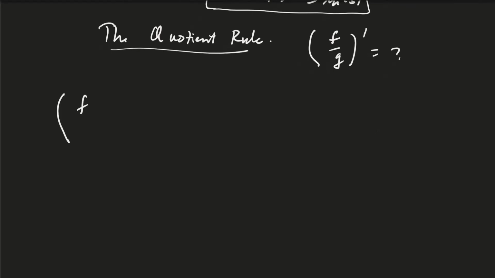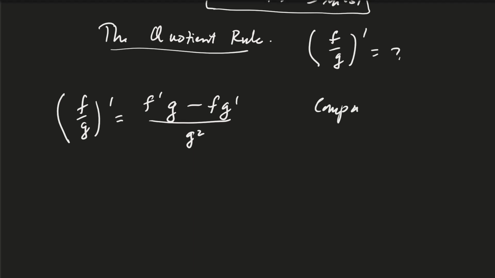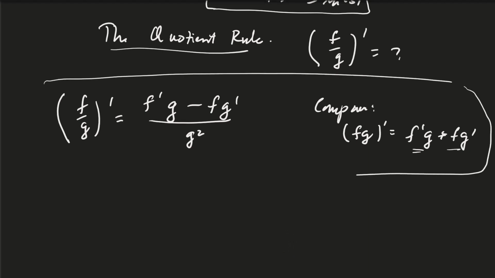As it turns out, the derivative of the quotient is going to be the derivative of the top times g minus f times g prime, divided by g squared. Okay, so this is the quotient rule. Now compare to the product rule. And actually this is why I wrote the product rule the way I did, so that the order of these terms didn't change. Okay, and so these are the two rules that we're thinking about in this section.